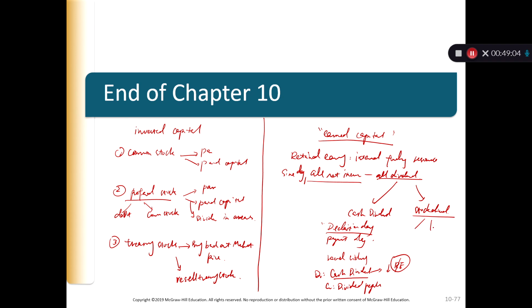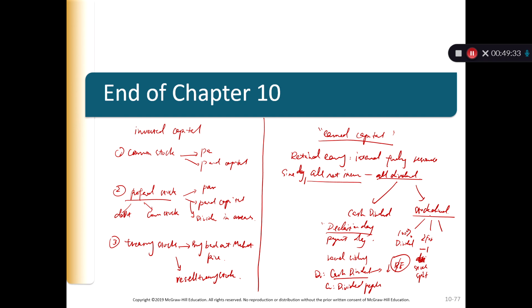For stock dividends, we said there's a difference between a 100% dividend and a 2-for-1 stock split. The difference between the stock dividend and the stock split is that the stock split reduces par value and increases the number of shares outstanding, but does not have a journal entry.